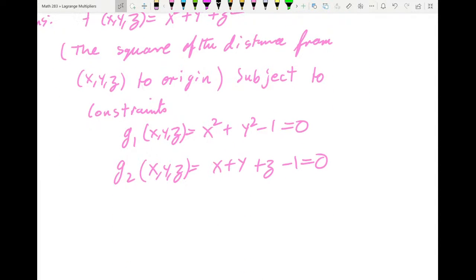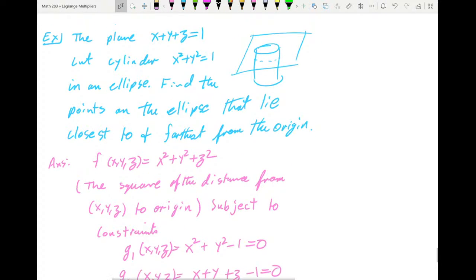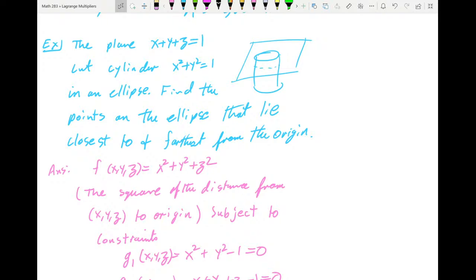But I'm thinking right now, how would we go about it? You do it for both of them and then find which point. Yeah, but I'm thinking the better way of doing that would be, if you graph this, this is what the cylinder would look like. Can you graph x squared plus y squared plus z squared equal to something?